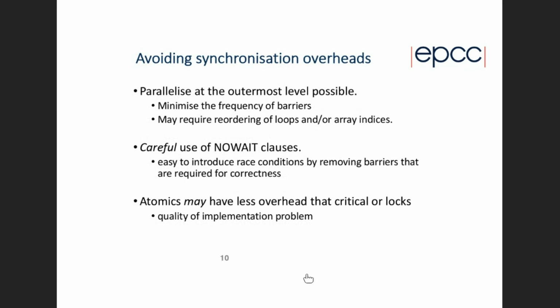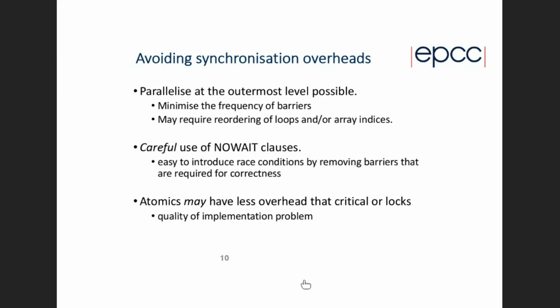What do you do to minimize synchronization overheads? Well, essentially, you have to think about the granularity of your parallelism and try to parallelize at the outermost level possible and minimize the frequency of barriers. That may require you to do some reordering of loops and therefore potentially also of array indices as well. So if your innermost loop is parallel, then that may be bad because you're going to execute an awful lot of parallel regions and therefore barriers.